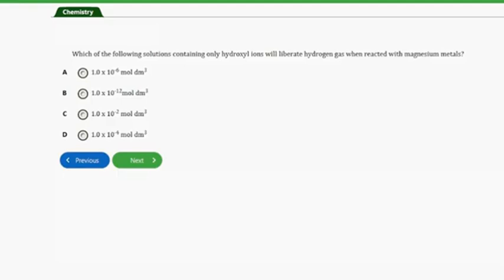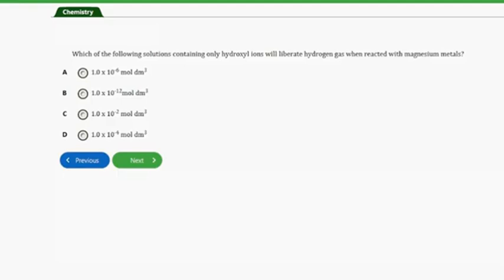The options we have here: A, 1.0 times 10 to the power of negative 6, B, 1.0 times 10 to the power of negative 12, C, 1.0 times 10 to the power of negative 2, and D, 1.0 times 10 to the power of negative 4, all in moles per dm cube.